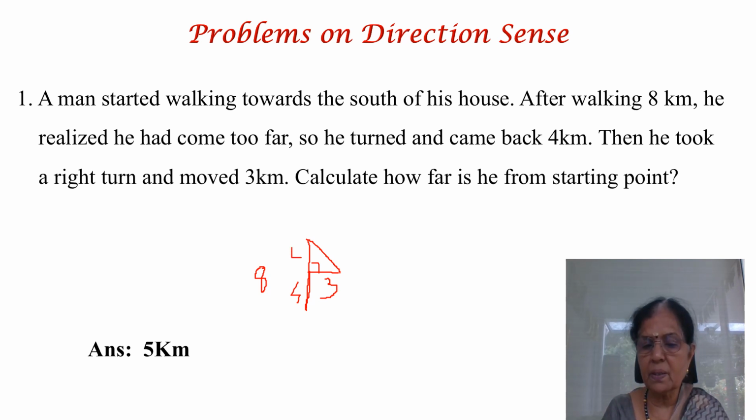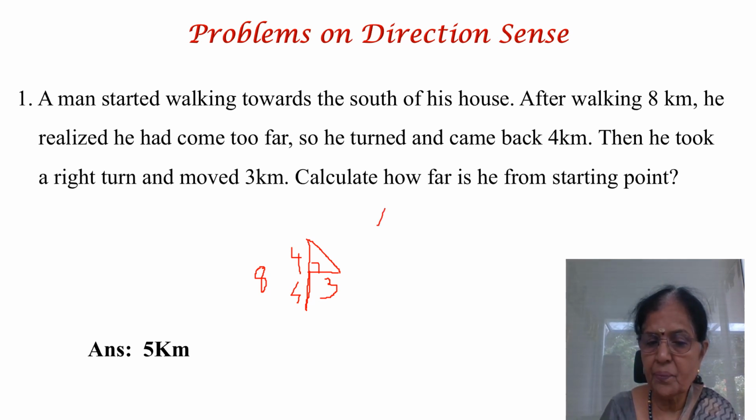So the perpendicular of the triangle is 4 kilometers and the base is 3 kilometers. You have to find the hypotenuse. You know the formula now. The h squared is equal to the sum of the square of the base and the perpendicular. So what is the perpendicular? 4. 4 into 4, 16. And the base is 3 kilometers. 3 into 3 is 9.